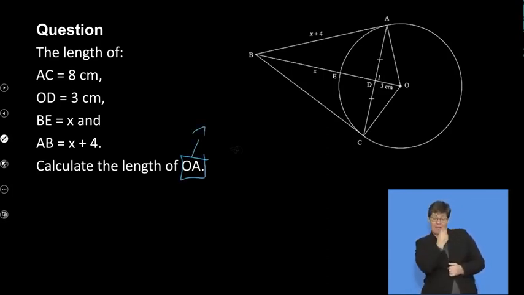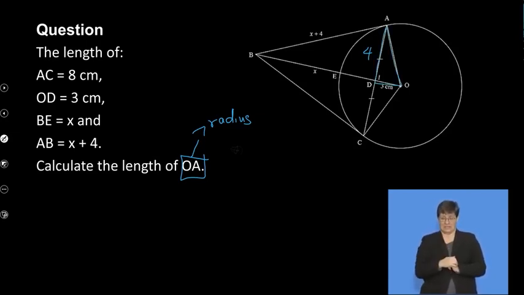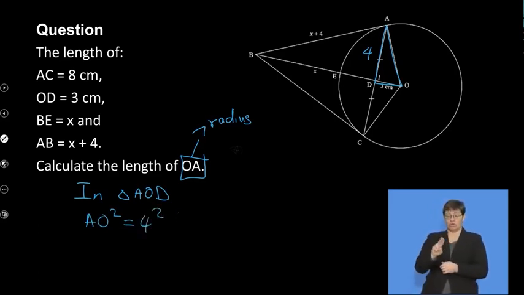Remember, this is the radius of the circle, right? So what I will then do is I know that AD is 4 centimeters, so I will focus in triangle AOD. So I will then say in triangle AOD, AO squared is equal to 4 squared plus 3 squared, right?